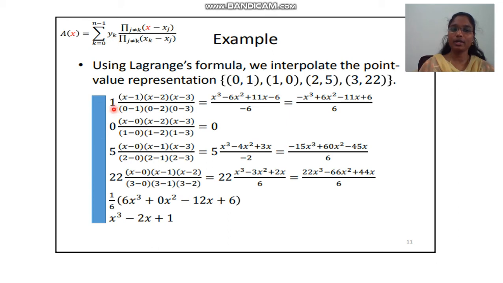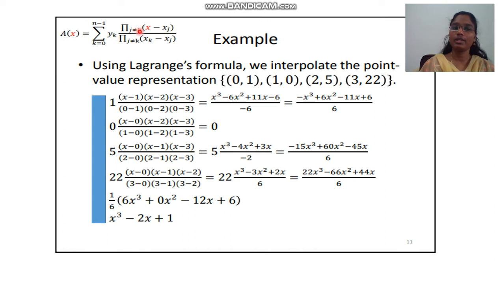The first y0 value is 1. We have taken the y0 value here, and except for this k equal to 0, we are going to take all the other pairs and multiply them. So x minus xj, where j cannot be equal to 0, because we have already taken the k value as 0.